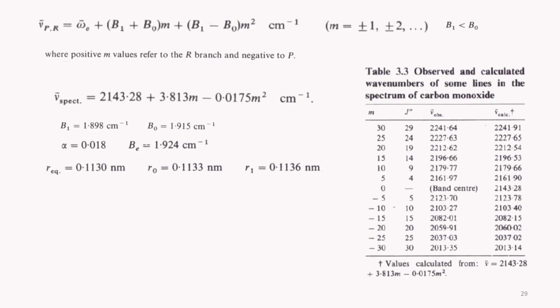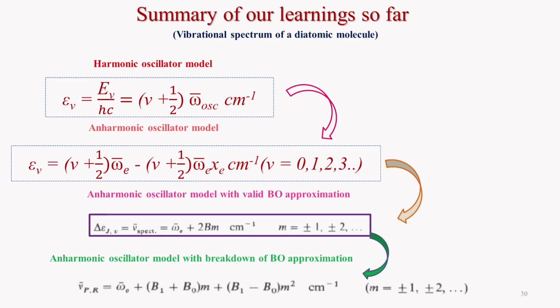I think we are running out of time, so this might be the last one. Where we have started, this is the evolution of this spectroscopy. We started with the harmonic oscillator model, and then we saw that only one band is expected, omega OSC, which is not enough for multiple bands. So we changed our approximation.